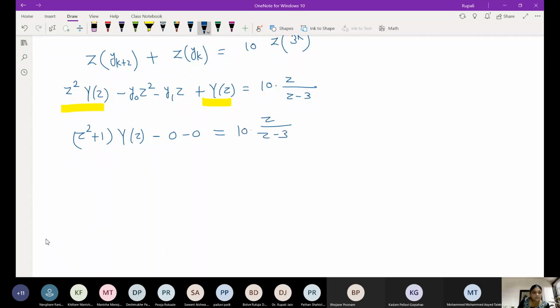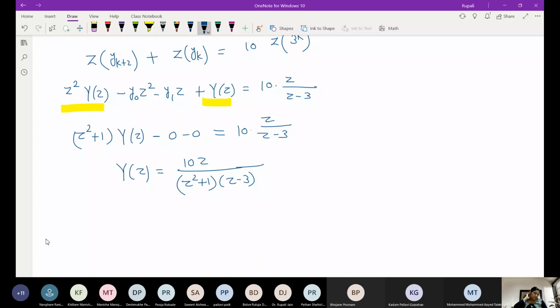So this implies Y(z) is nothing but 10z upon (z square plus 1)(z minus 3). Is that okay?